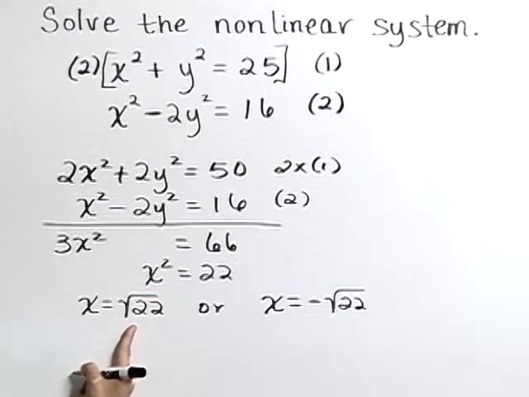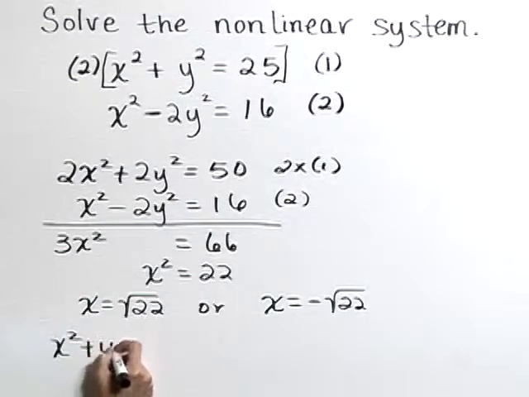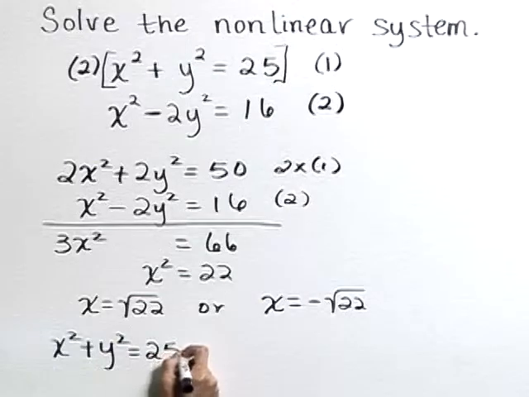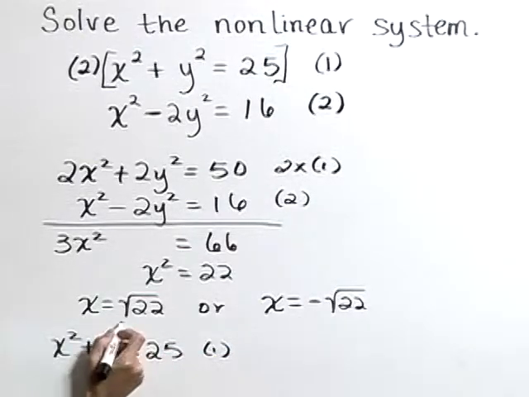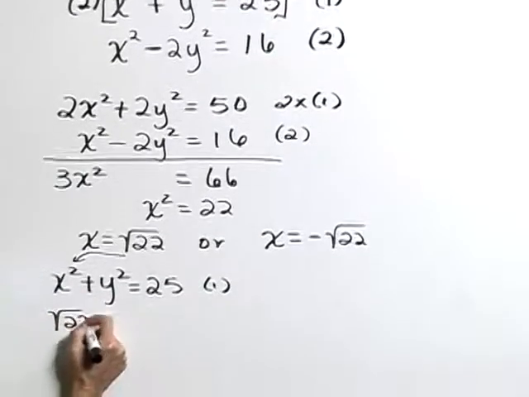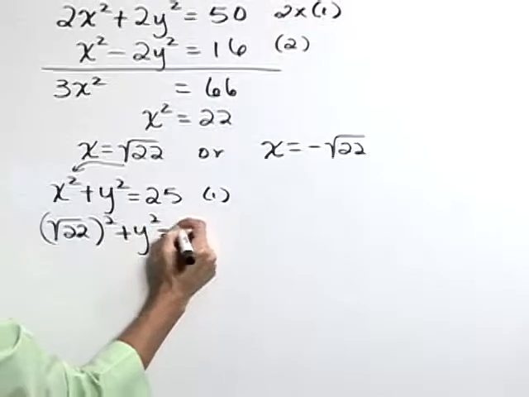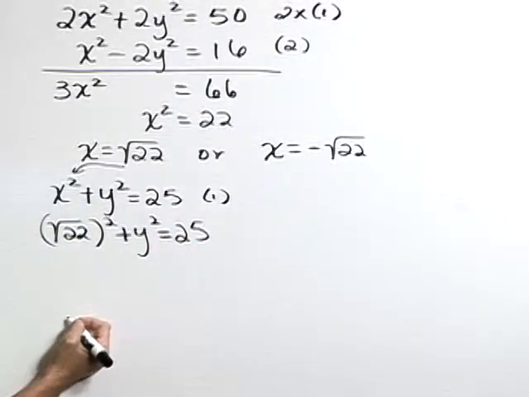Let's take this value for x and substitute it into equation 1, which is x squared plus y squared equal 25. So our value for x right there. This gives square root of 22 squared plus y squared is 25.